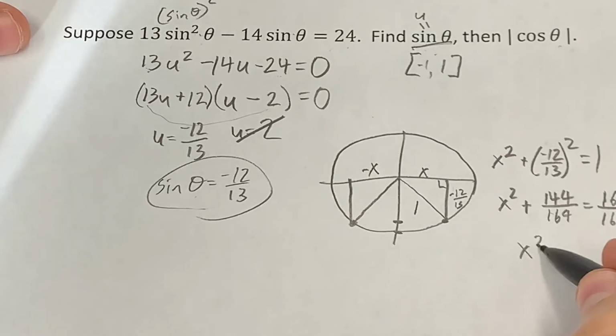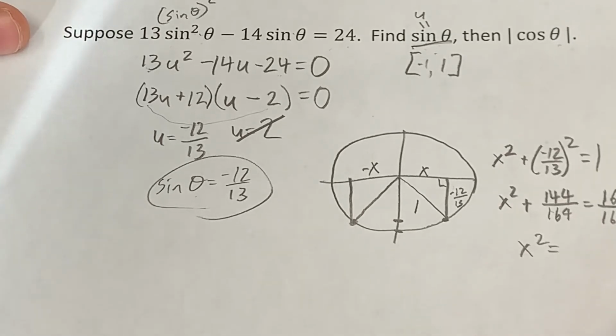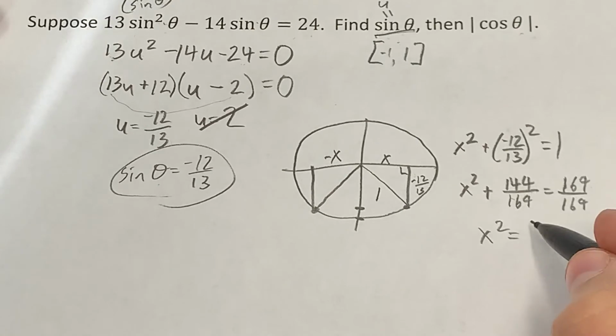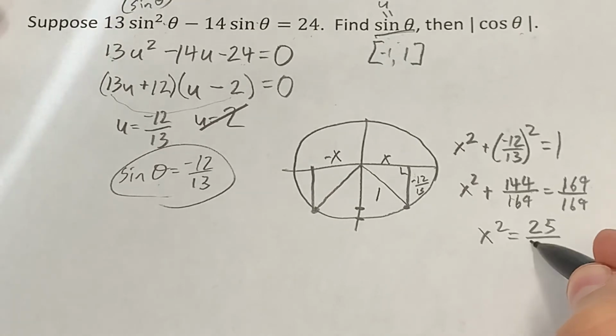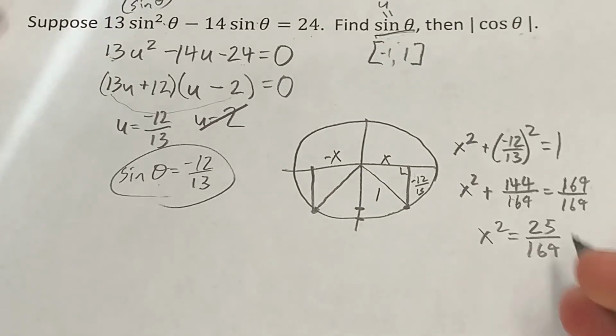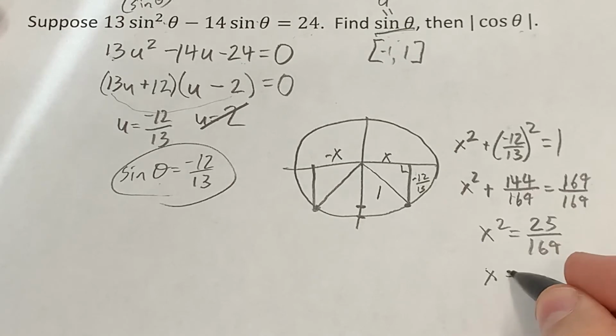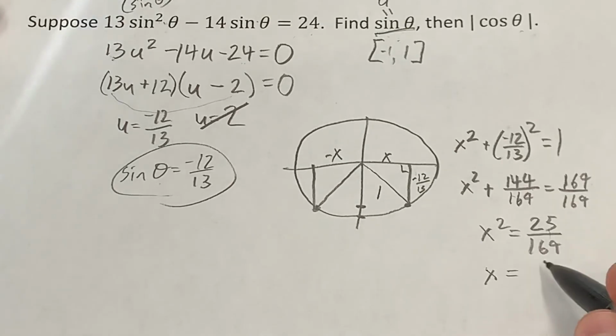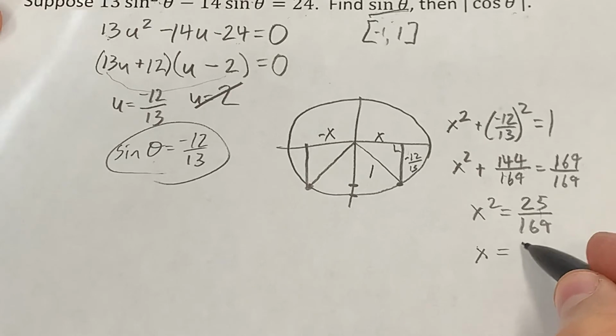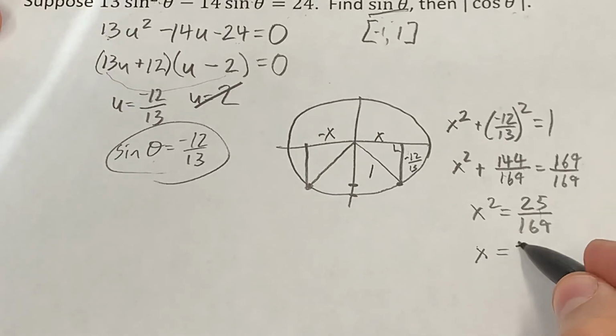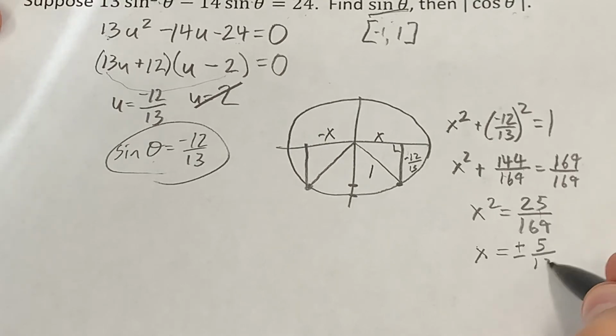So I can subtract: x squared equals 169 minus 144, which is 25 169ths. Square root that, and of course you can use a calculator. The square root there is going to be plus or minus. Square root of 25 is 5. Square root of 169 is 13.